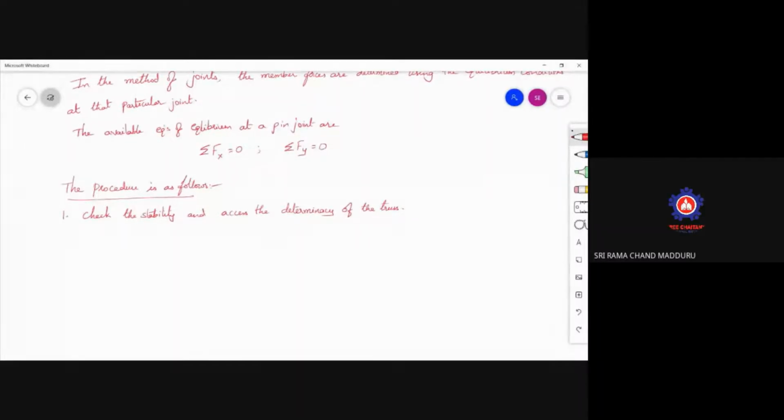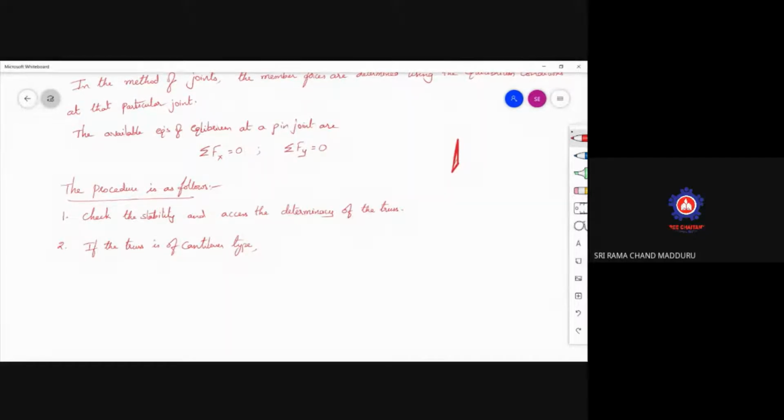That is a point. Second point, if the truss is of cantilever type, that is how it looks, for example, a truss is there like this.